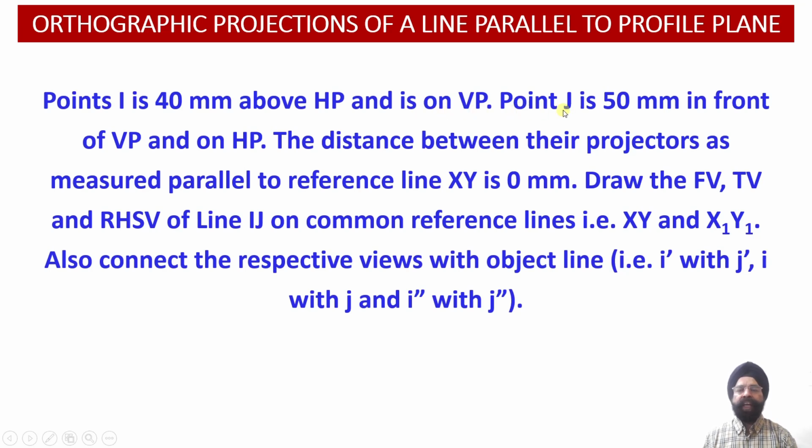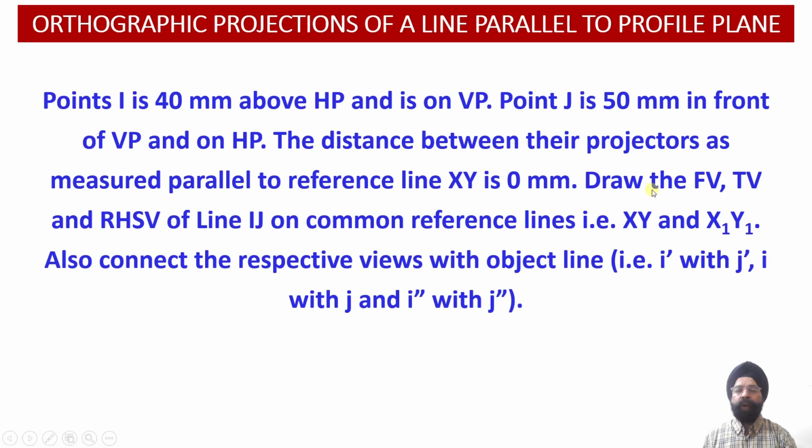Whereas the point J is 50 millimeter in front of the vertical plane and it is lying on the horizontal plane. The distance between the projections of the points I and J, as measured parallel to the XY reference line, is 0 millimeter. That is, we have line IJ parallel to the profile plane in this particular case.